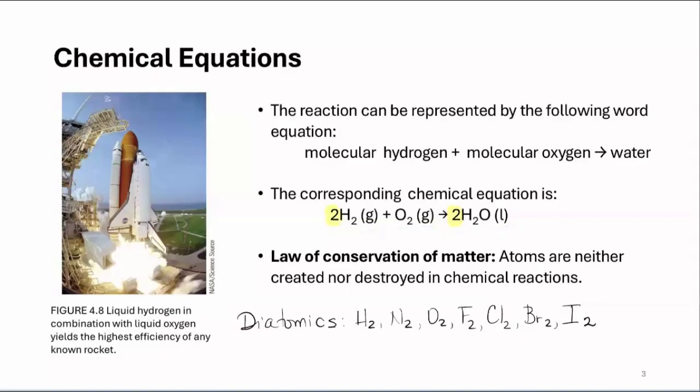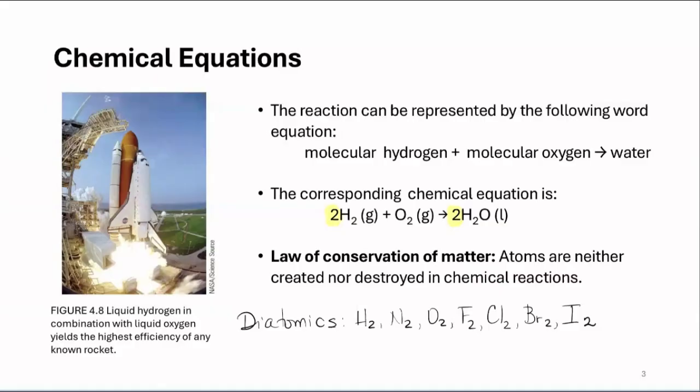That is because in a chemical reaction, we must respect the law of conservation of matter, which states that atoms are neither destroyed nor created in a chemical reaction. So the same number of atoms we need to have both in the reactants and in the products.